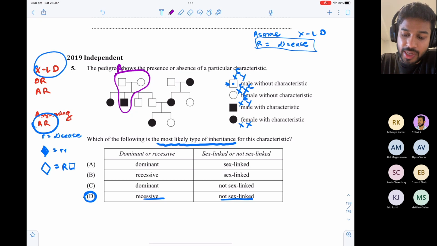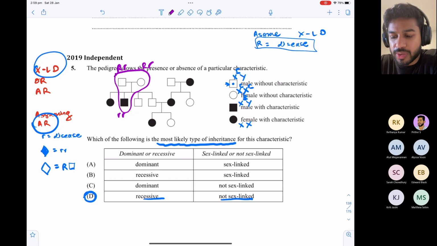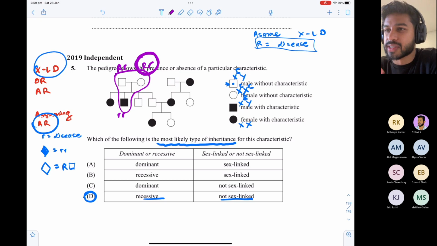So this part here, we go, the parents are heterozygous, child is homozygous recessive. We don't call these people carriers per se in HSC. In the real world, we use it all interchangeably. If you have a diseased allele but you don't express it, you're carrying it.